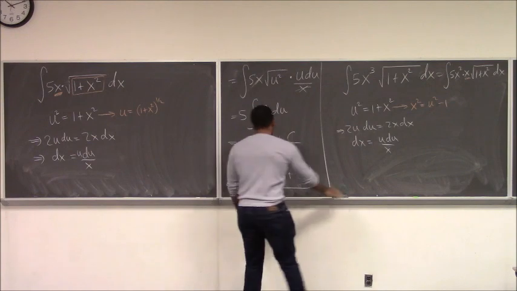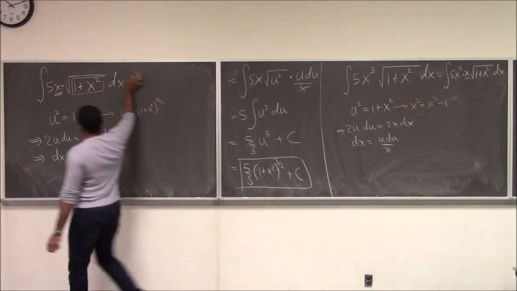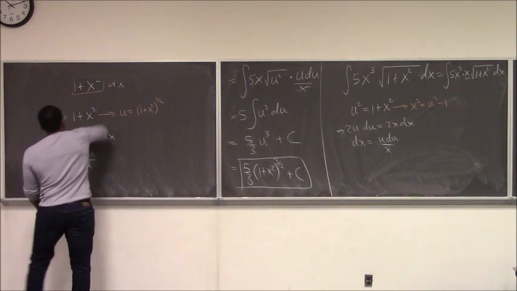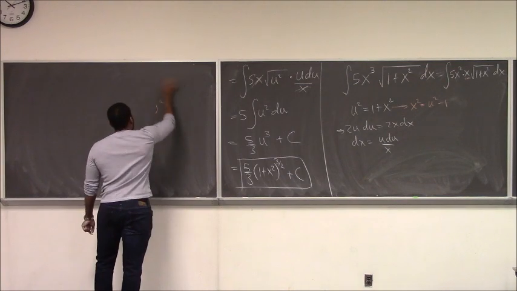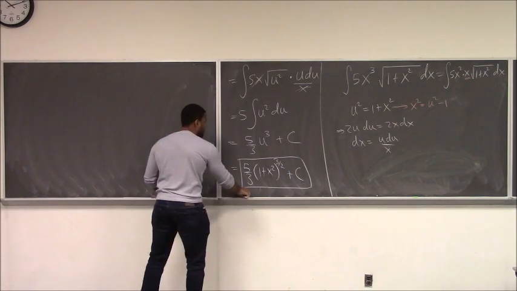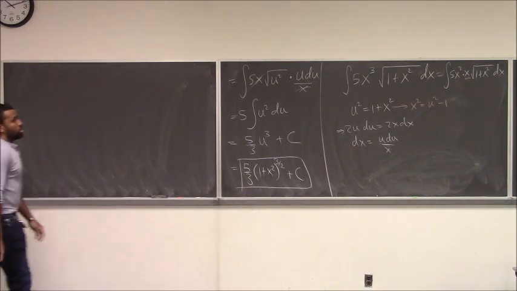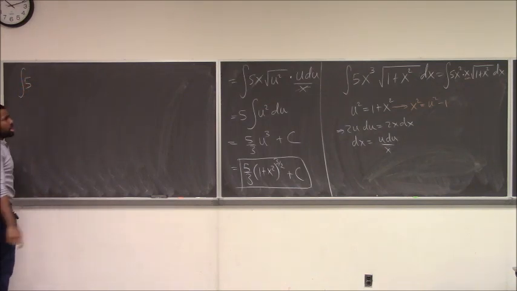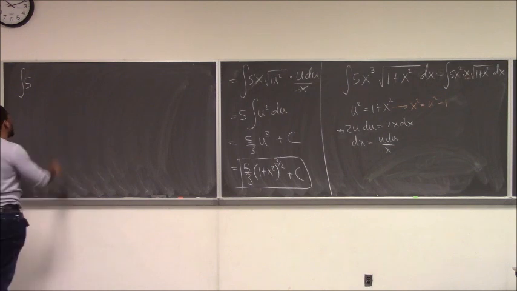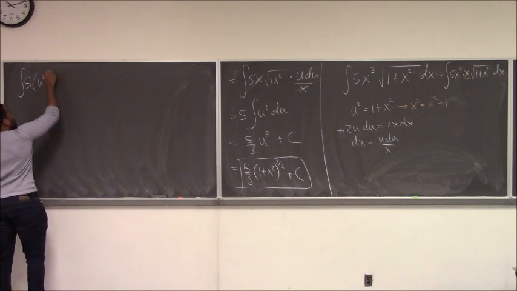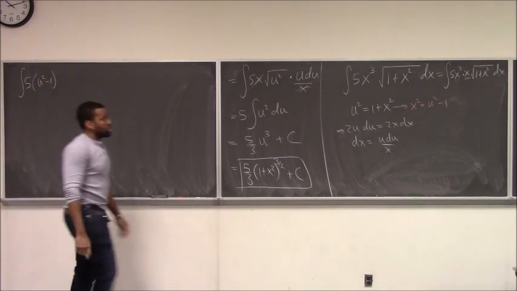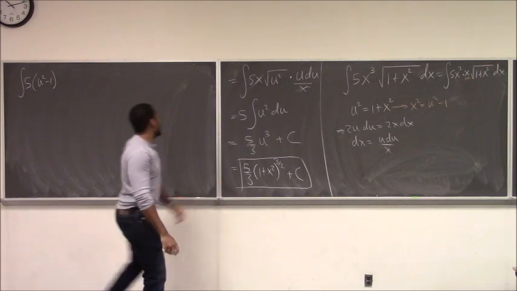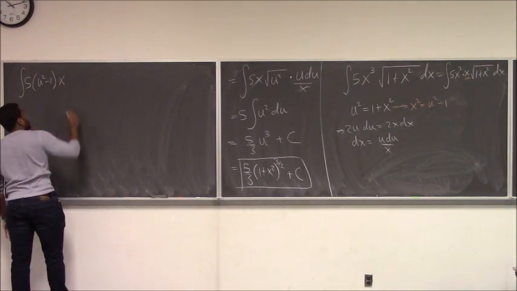And so now you can substitute that integral. So now I'm going to substitute everything. I'm going to have 5 times x squared. My x squared is actually u squared minus 1. That x right there is going to stay because I didn't do anything with it.